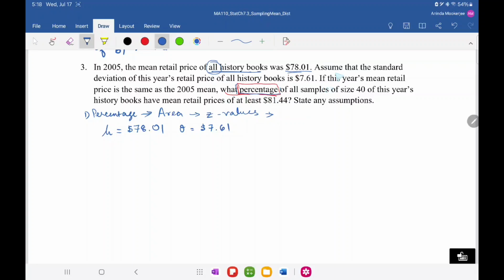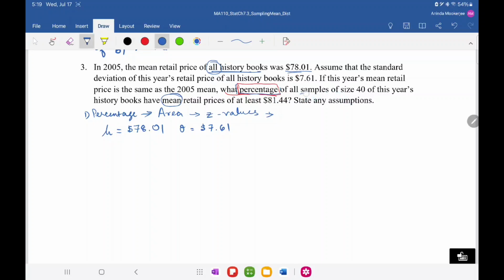It says, if this year's mean retail price is the same as that of 2005, so that's an assumption, what percentage of all samples of size 40 of this year's history books have mean retail price of at least $81.44? Now, one word that is getting repeated over and over again is the mean. That means we will be dealing with sample means here.